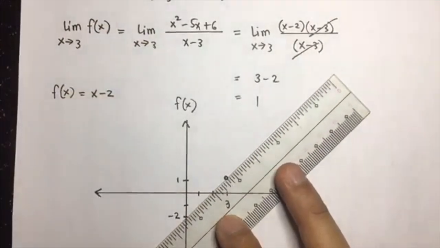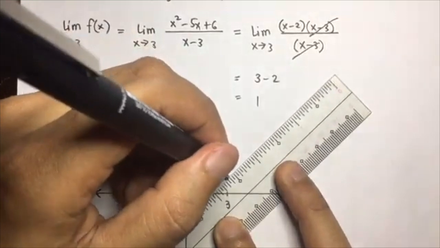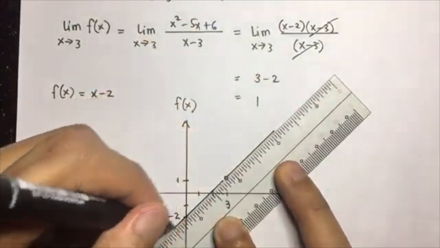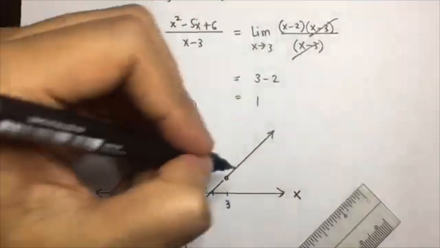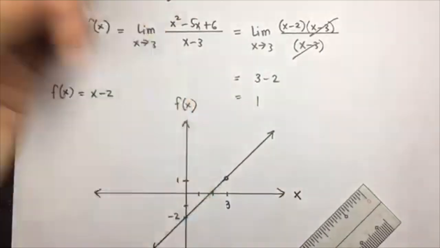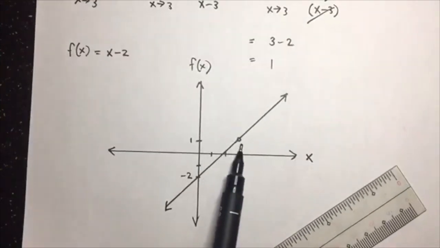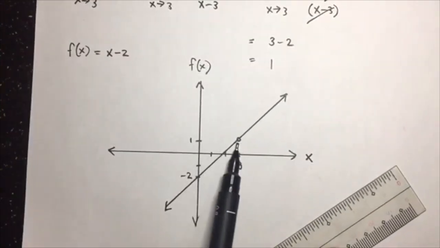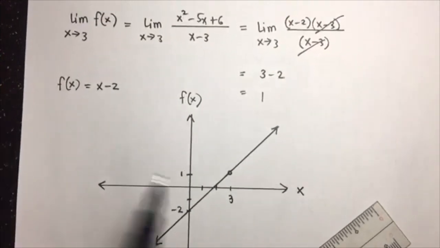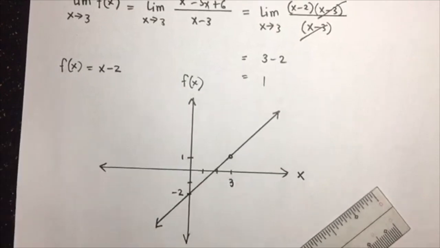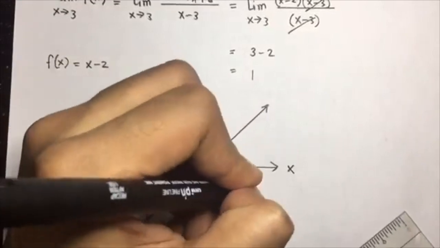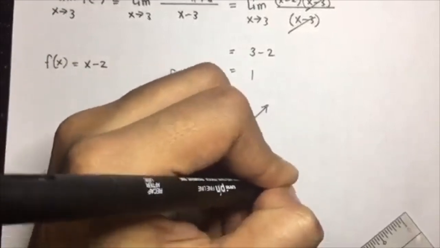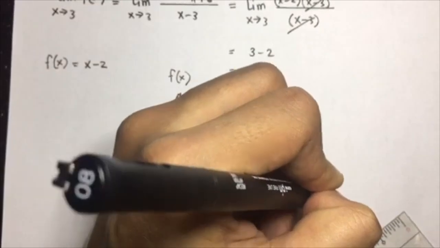So we draw a hole in the graph. Okay, so this is now a hole. So that is discontinuous at x is equal to 3. So this is now the graph of the function showing a removable discontinuity.